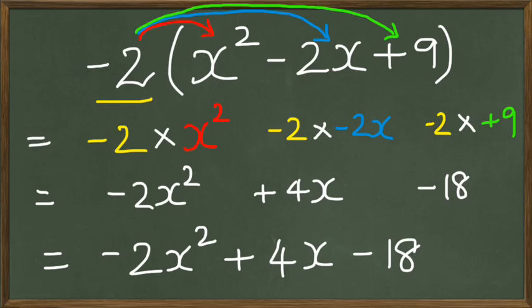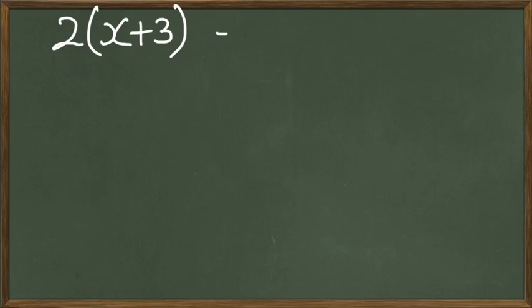Okay, and we're going to cover one last example where there's more than one bracket. So let's say we have the question 2 times x plus 3 minus 4 times x minus 9.